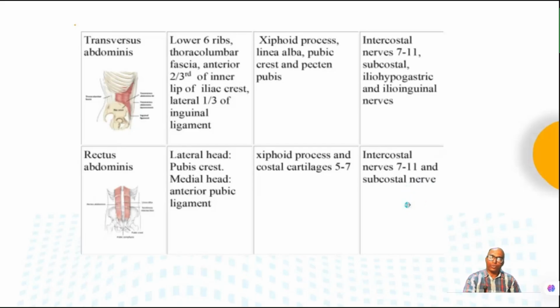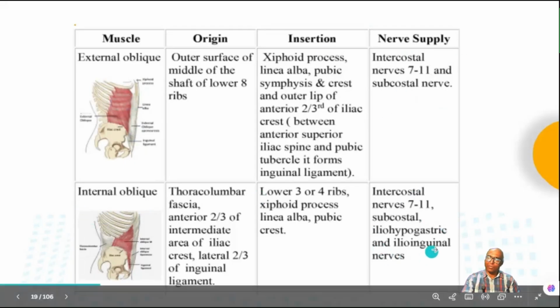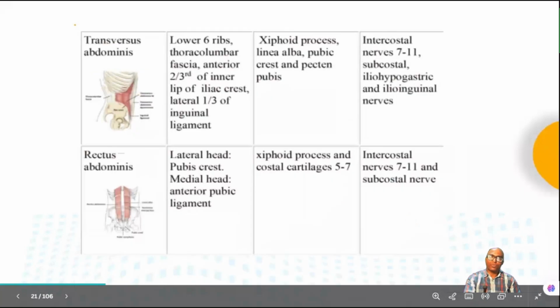So these two, rectus abdominis and external oblique, have the same nerve supply, while internal oblique and transversus abdominis have the same nerve supply: intercostal 7 to 11, subcostal, along with the iliohypogastric and ilioinguinal.